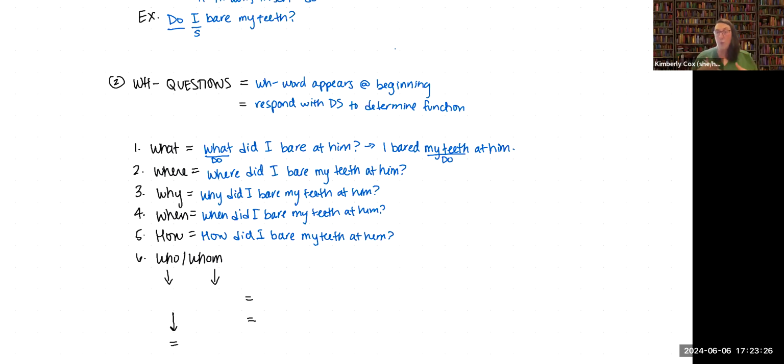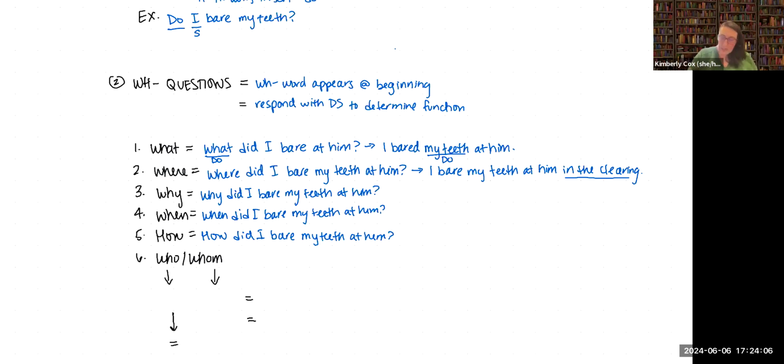is that the where, why, when, how are functioning much more like adverbs or adjectives. "I bare my teeth at him." We have subject, verb, direct object, indirect object. If I said something along the lines of "I bare my teeth at him in the clearing," in the clearing is what I'm introducing for where.